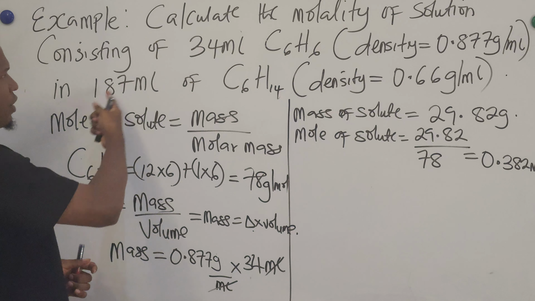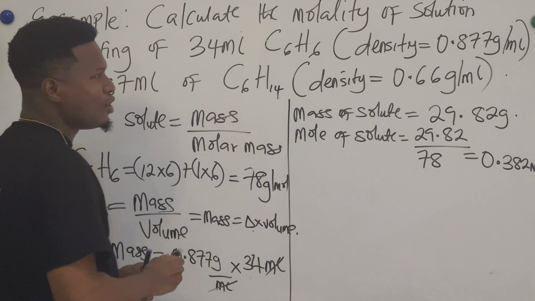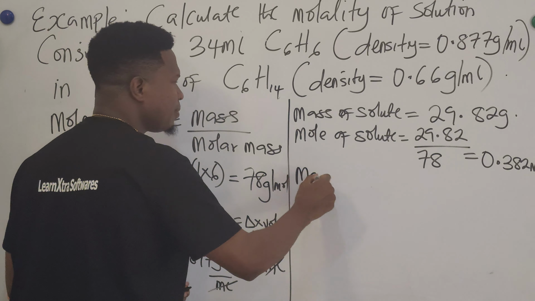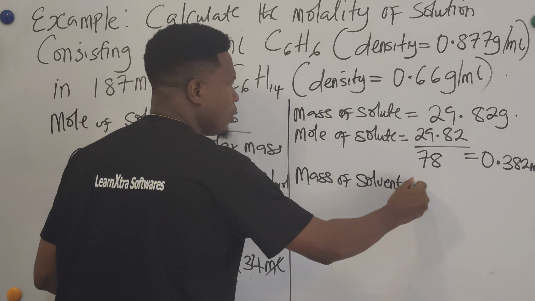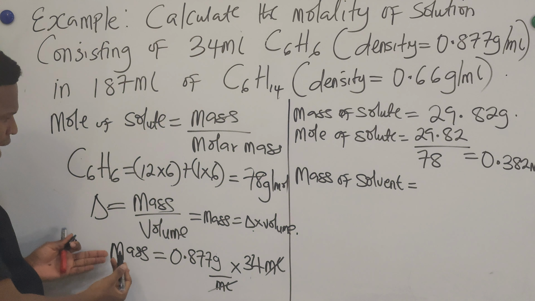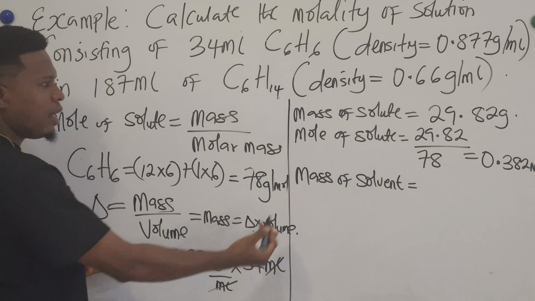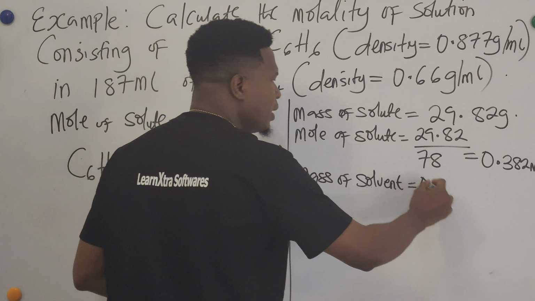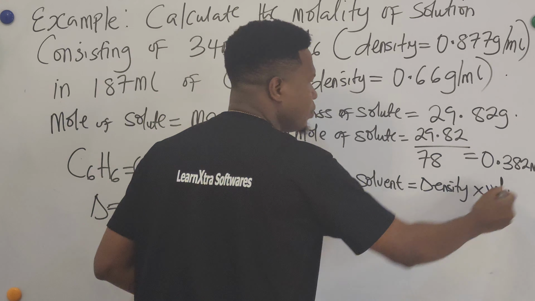So how do you get the mass of the solvent again? They gave you the volume, they gave you the density. So mass of solvent will be equal to, remember, density times volume. It's the same thing that will happen here. Mass of solvent is going to be density times volume.